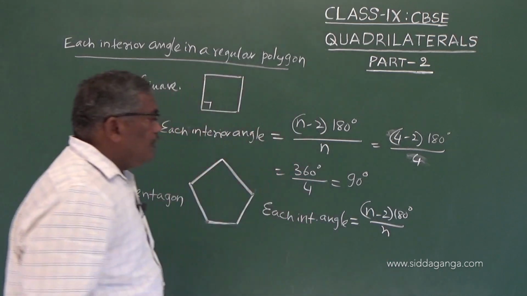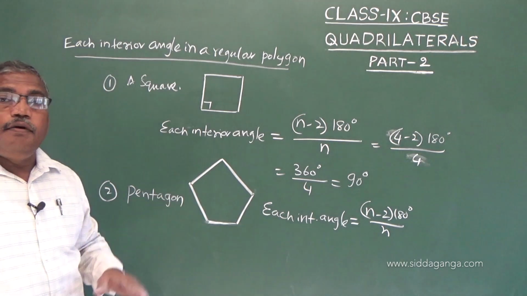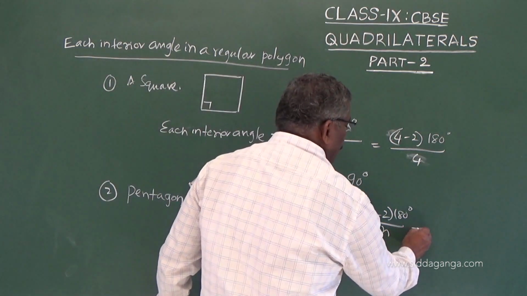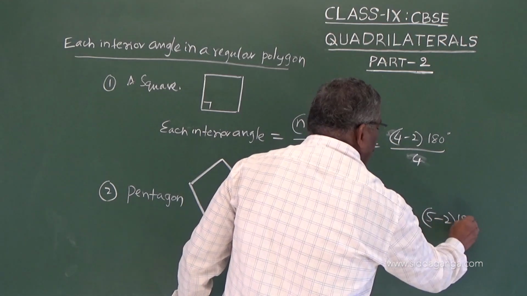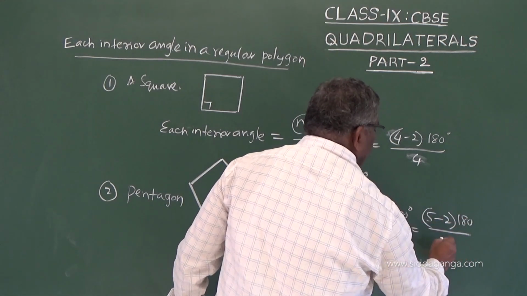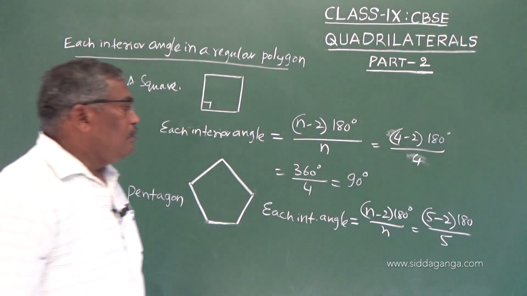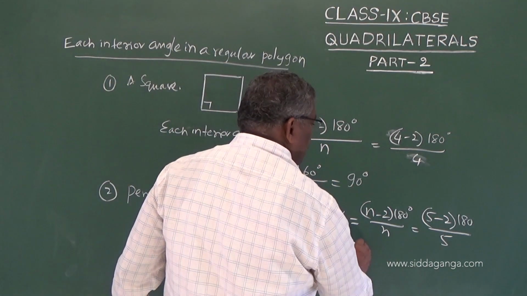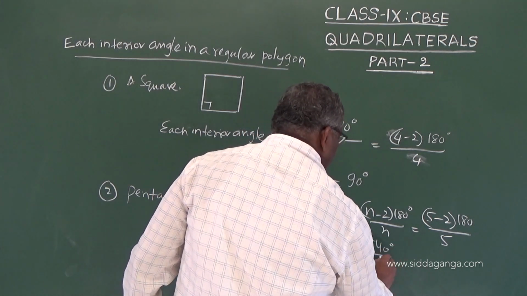So here instead of 4 I will take 5 for n. So 5 minus 2 into 180 divided by 5. So you will get 540 divided by 5.